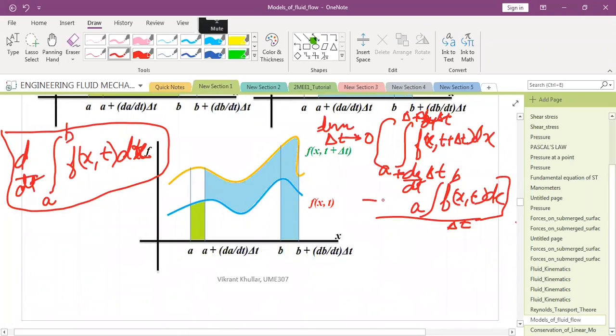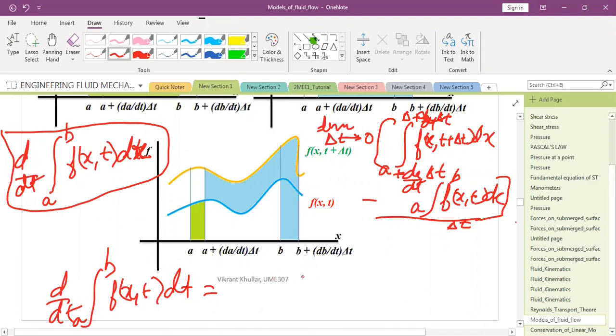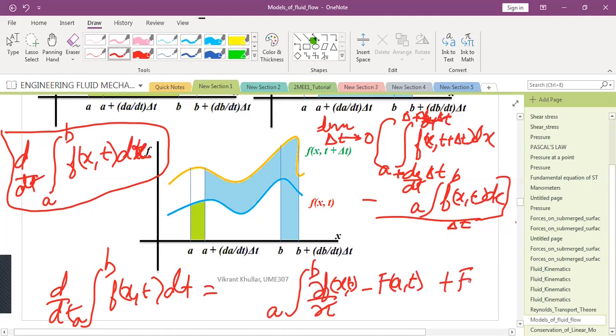Because I don't want to waste time, this ends up in this kind of expression: the integral of f(x,t) dx becomes equal to, I think, the integral from a to b of something, then minus f at a plus f at b, and there is some term here also.